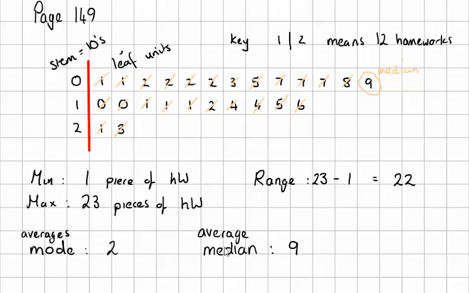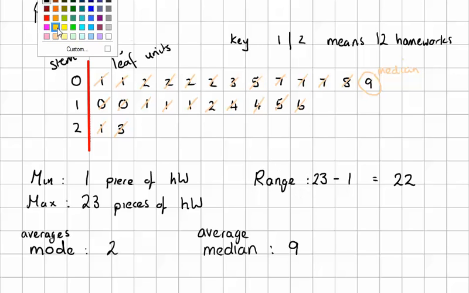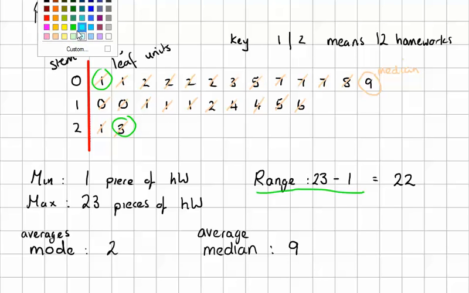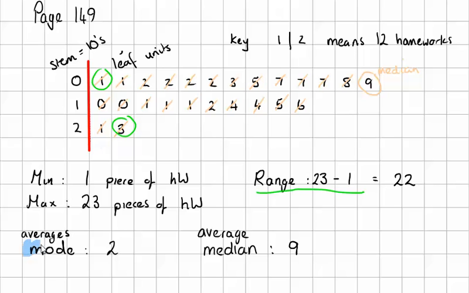Okay. So what we've got here, we've got the range. You remember the range, 23 minus 1. So that was the maximum minus the lowest. Then you had the mode, and that was the one that appeared the most often.